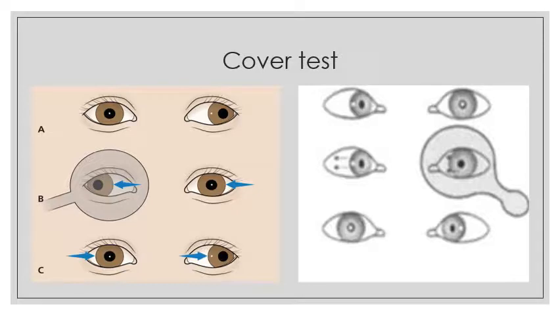But if the previously squinting eye could maintain the fixation it gained after removal of the cover, this means that this is an alternating squint, meaning one eye is fixating and the other eye is squinting and they alternate positions. This is the case of the patient on the left.